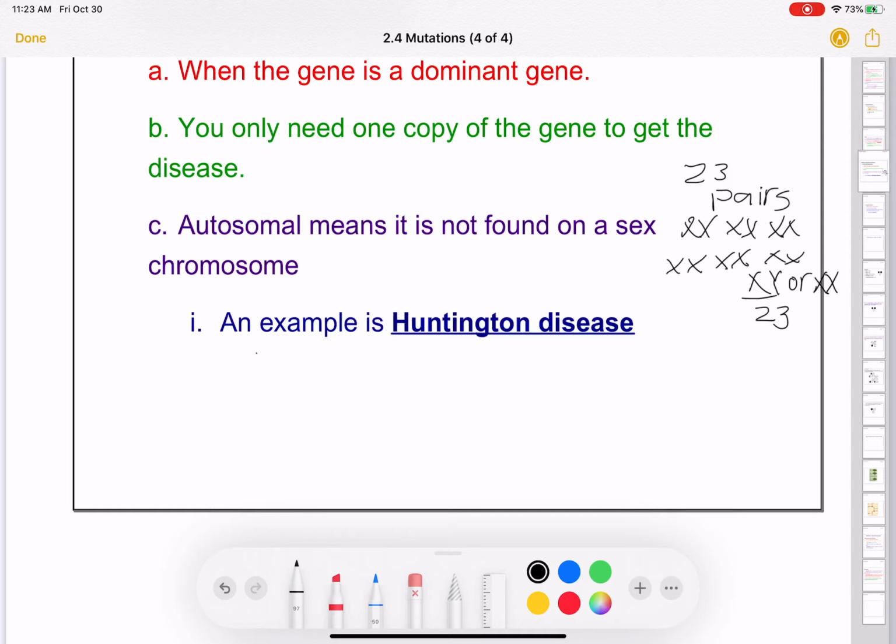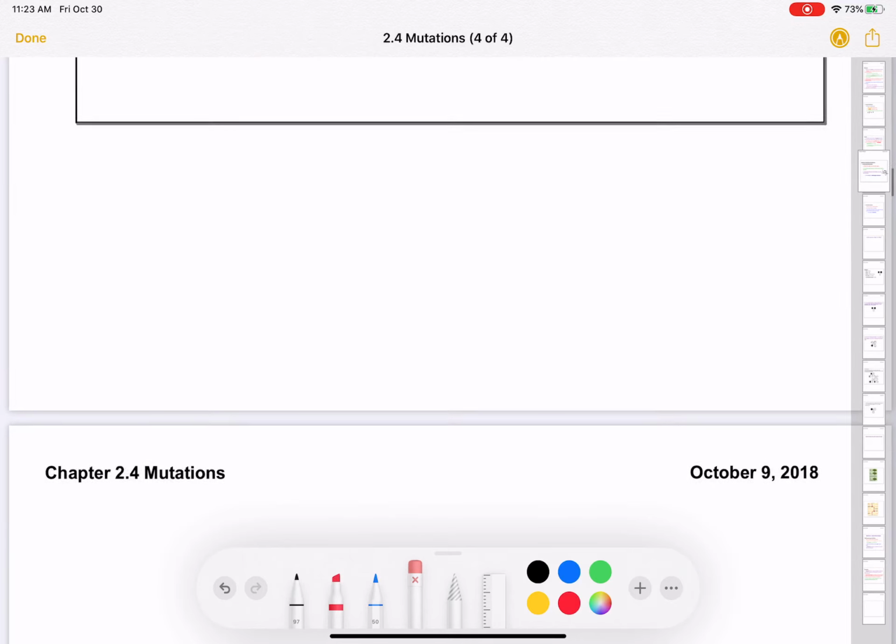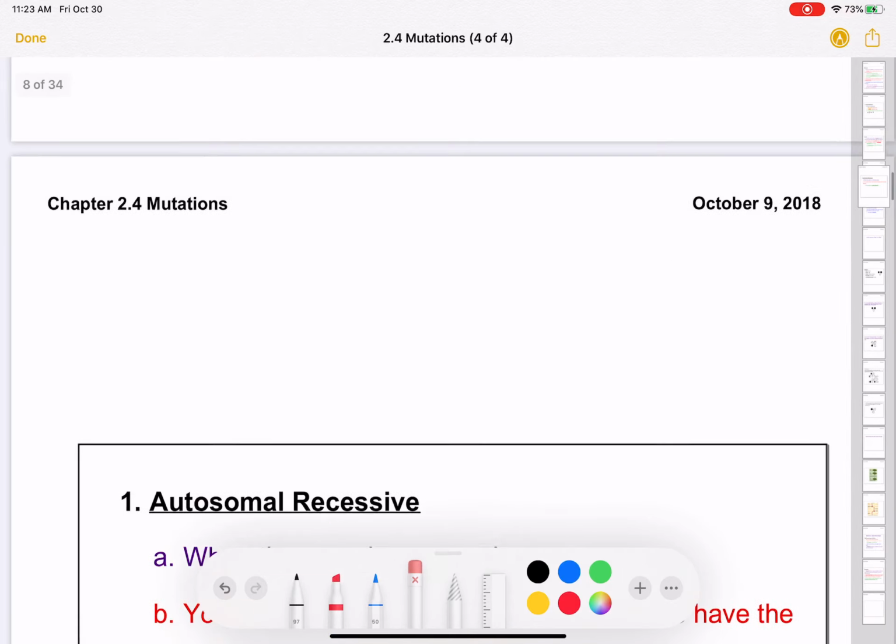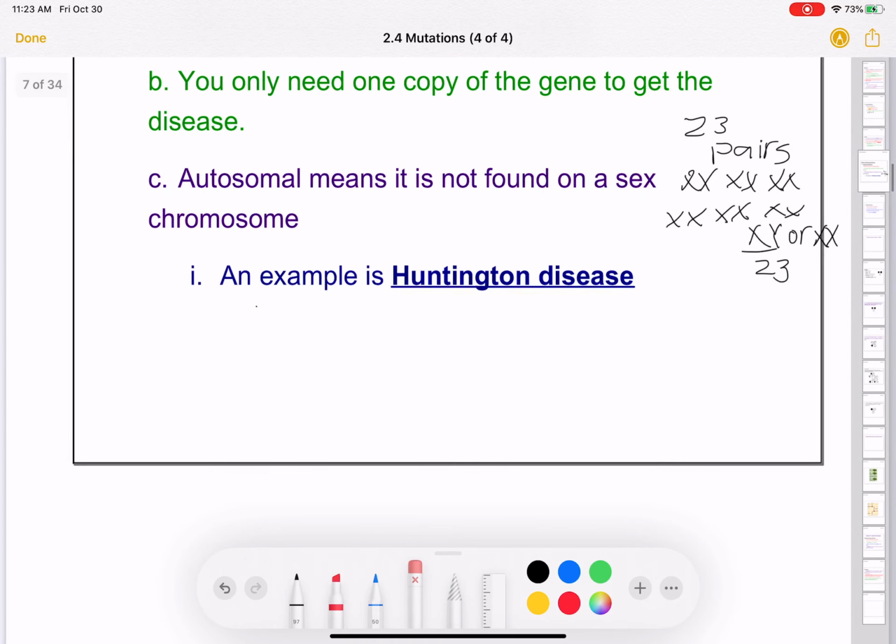They give you one example here as being Huntington's disease. I don't know if they explain that per se. They don't. Let me just double check.